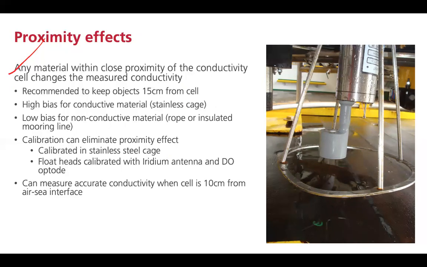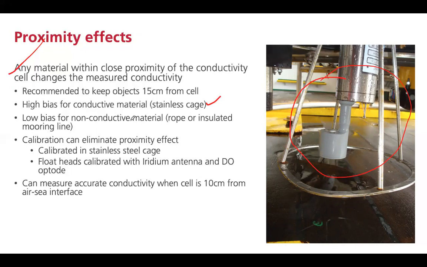If you introduce a highly conductive material within the 15 centimeter radius, you will bias the value high, because metal is conductive, like a stainless steel cage.